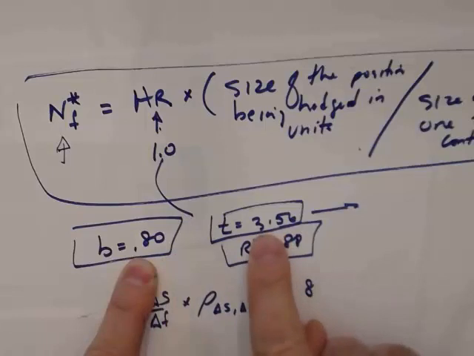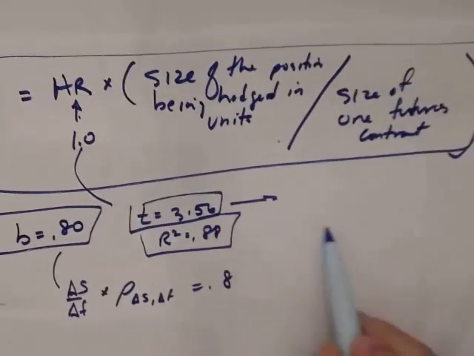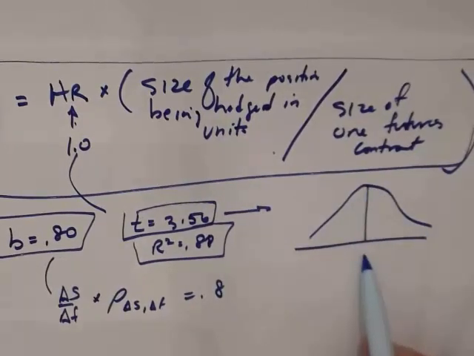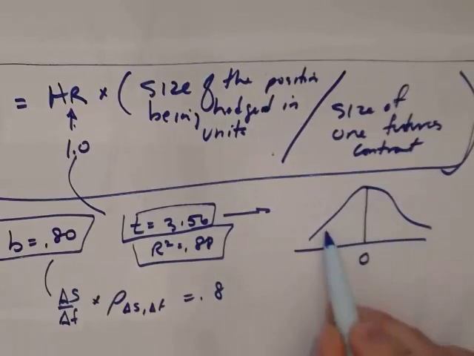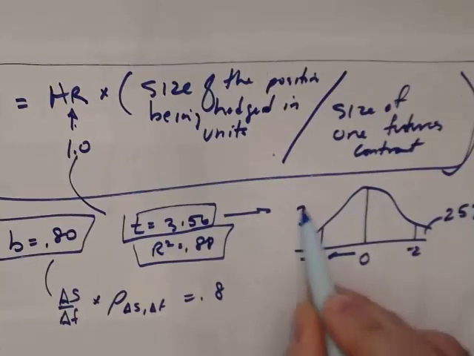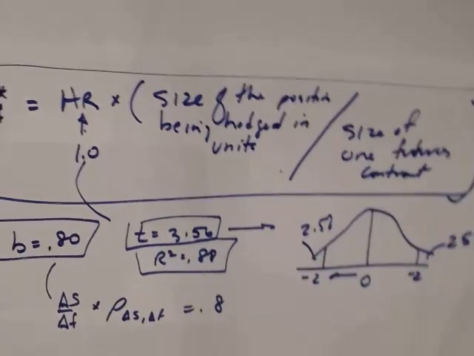Basically, the T statistic indicates, is this statistically different from 0? And the fact that it is, you can see that it is, because remember, you need a T statistic greater than 2, typically. So here's average, here's 0, and here are 2 standard deviations to the negative, 2 standard deviations to the right, and you've got 2.5% on this side of the normal distribution and 2.5% on this side.